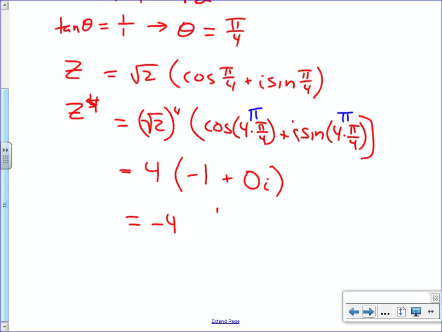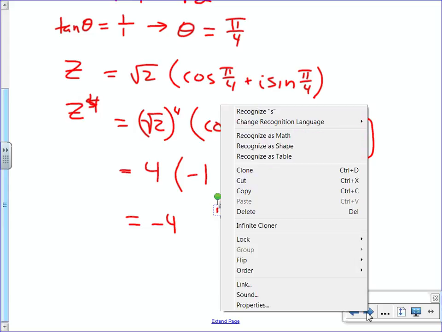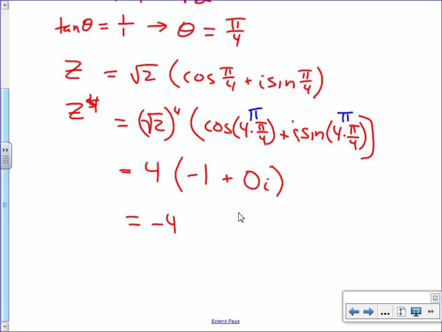Do you agree that it's easier than multiplying it out like horrible? We have bad numbers. Oh yeah, you don't have to do that anymore.